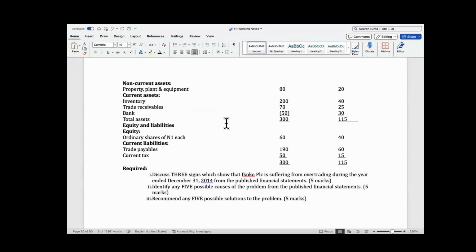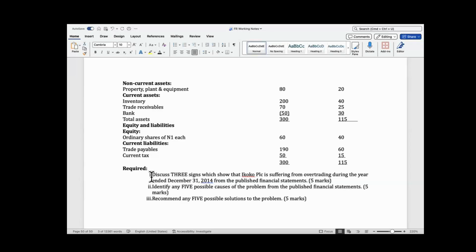So all that are ways with which you can solve this problem of overtrading that he has found himself in. So all that will help him.